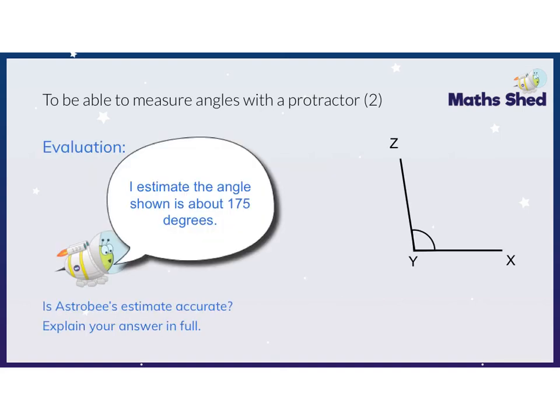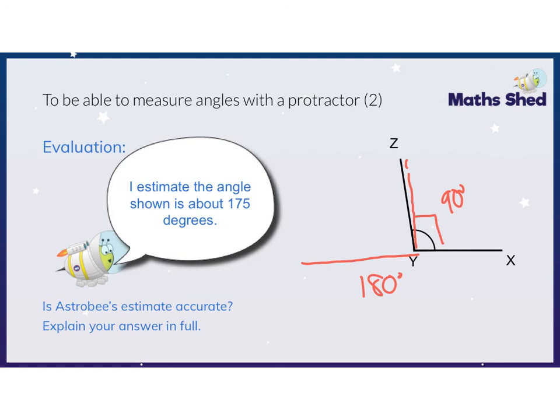I estimate the angle shown is about 175 degrees. Is Astraby's estimate accurate? Explain your answer in full. Well hopefully you're going to say that no way is he right, because I know that 90 degrees is a right angle, and this is only just greater than 90 degrees. I also know that a straight line is 180 degrees.